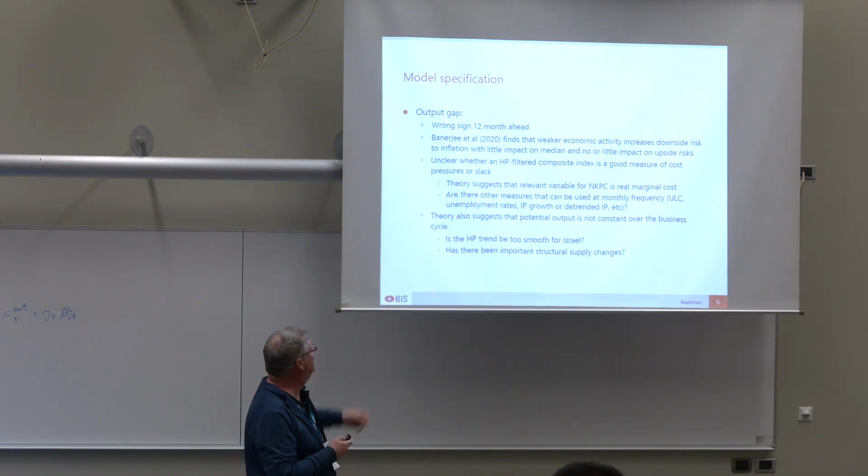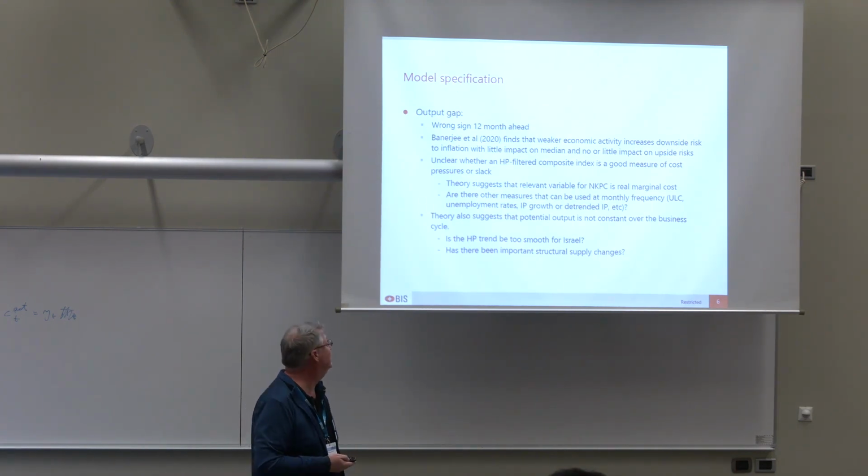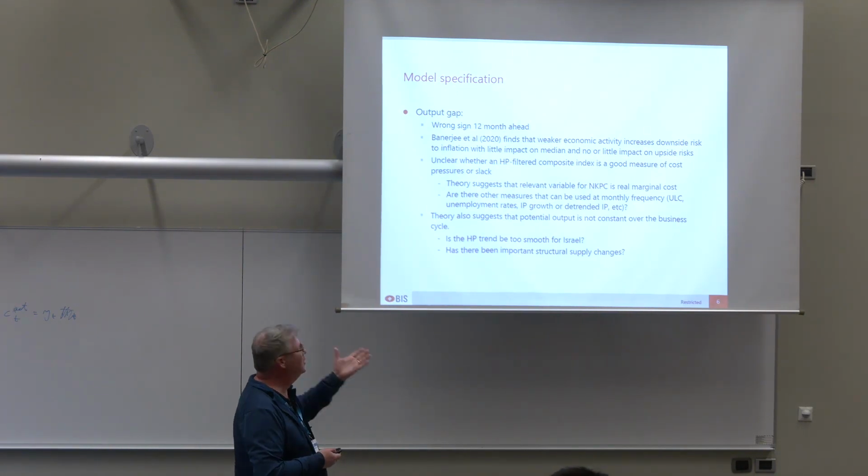But the obvious question here is whether you could find other measures at monthly frequency that you can test in the model, like unit labor cost, unemployment rates, or the trend in industrial production, etc.